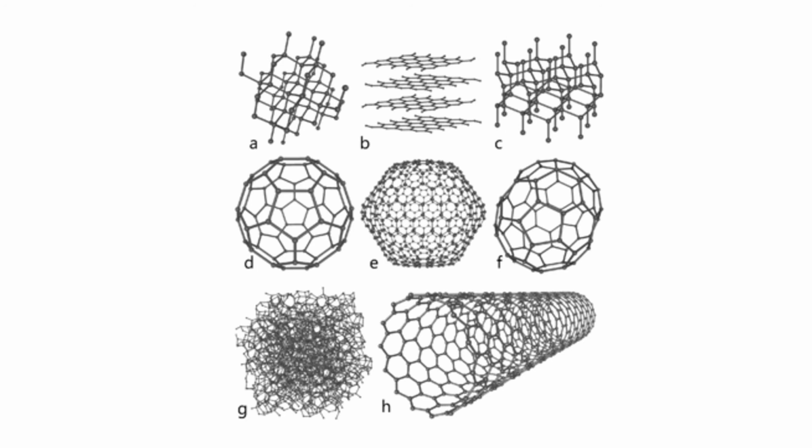So we have diamond, we have graphite, this is lonsdaleite, and I did already mention C60, the buckyball. This is C540, C70. So there are lots of allotropes of carbon.